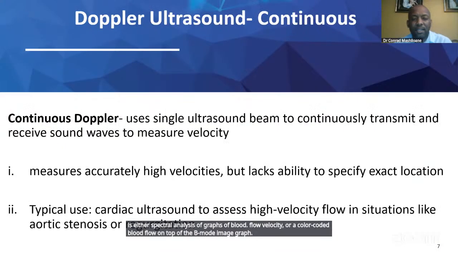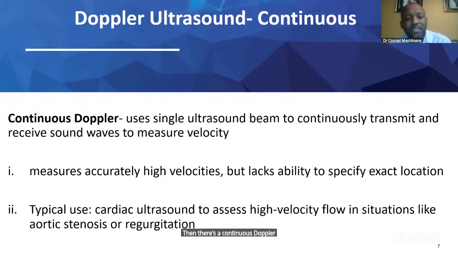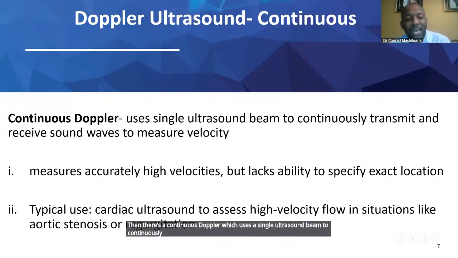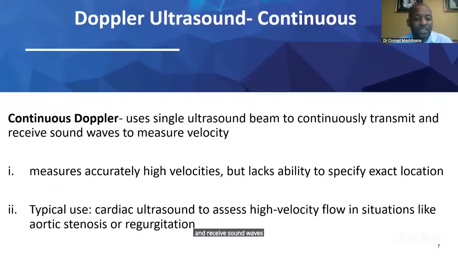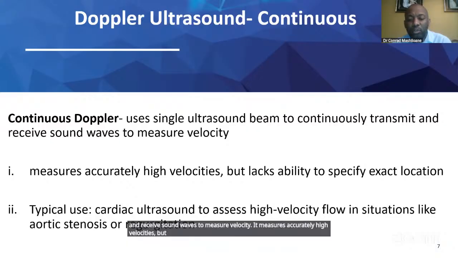Then there's a continuous Doppler, which uses a single ultrasound beam to continuously transmit and receive sound waves to measure velocity. It measures high velocities accurately, but lacks the ability to specify exact location. And the typical use of continuous Doppler is cardiac ultrasound to assess high velocity flow in situations like aortic stenosis and regurgitation.